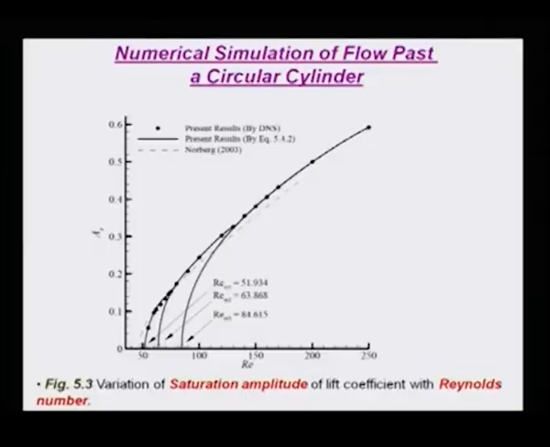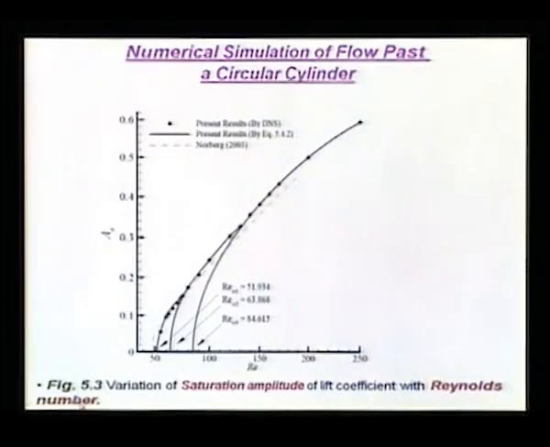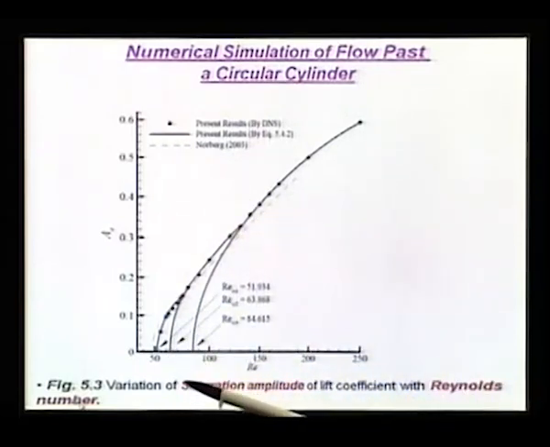I will show you if I have this figure. Yeah, here we have the figure. This is what we get if we do numerical simulation, and we also put in a sort of a correlation that was proposed by Norberg, shown by the dotted line. This is what we get when we actually numerically solve the Navier-Stokes equation.